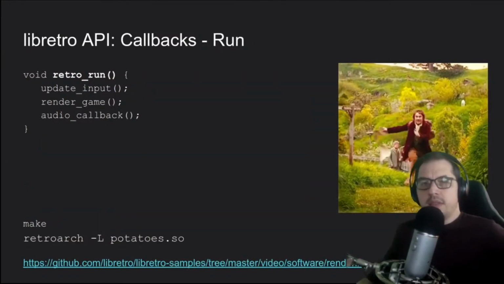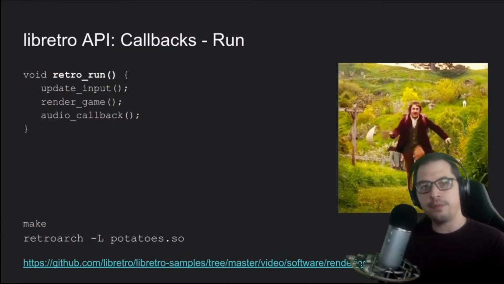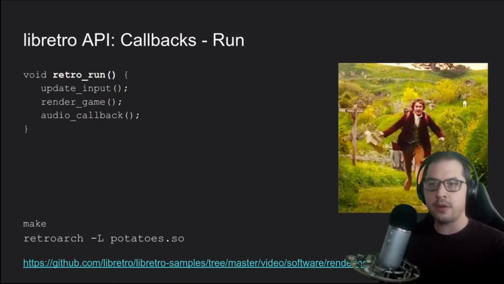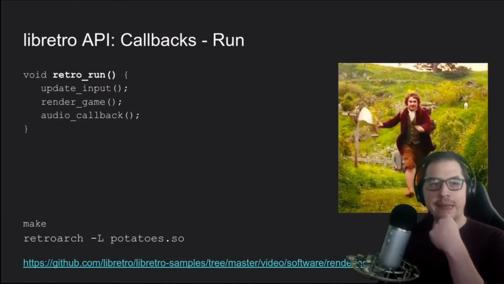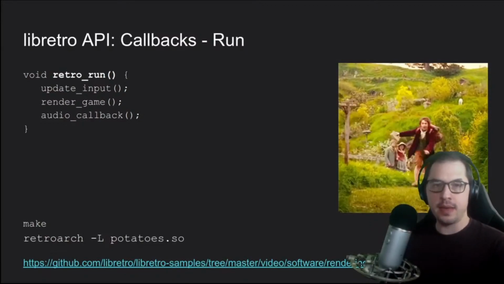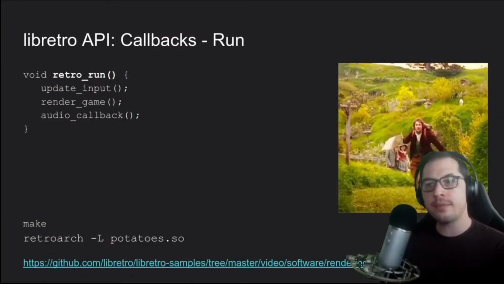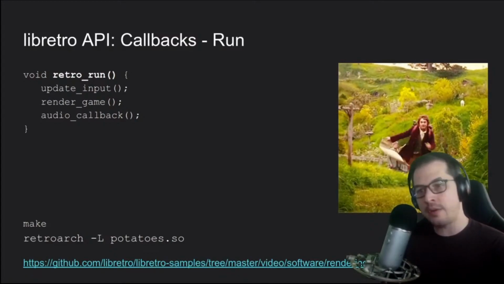So what does this look like if we're to run it? When you run a core, it repeatedly calls the retro_run callback. And in that callback, you're expected to update the game logic, update any input that you have, display the game, maybe play some audio.